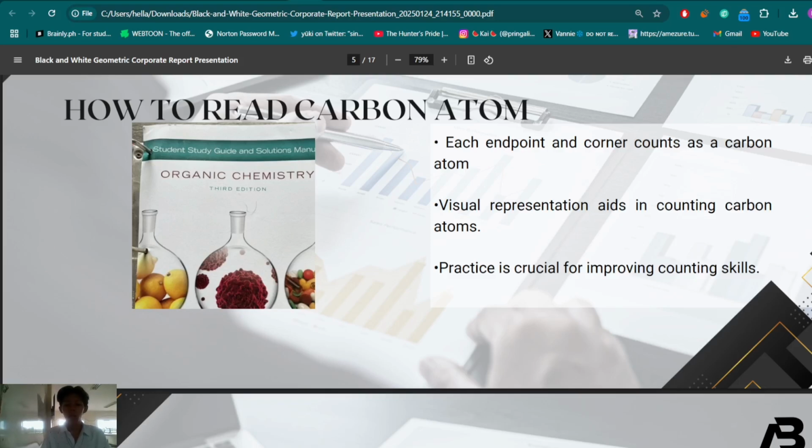It's because carbon is the foundation of organic chemistry: it forms four covalent bonds with other atoms, namely carbon, hydrogen, oxygen, and nitrogen. It can also form single bonds, double bonds, and triple bonds.